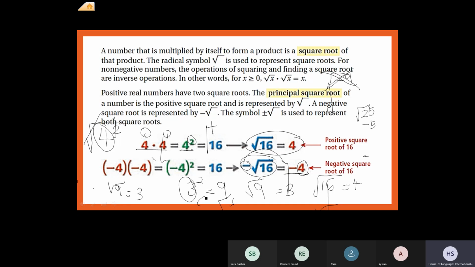4. 25 is 5. So now I will give you a table. This is for the perfect square numbers, which are the only rational ones. The other numbers are irrational.